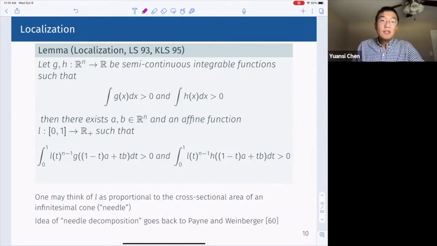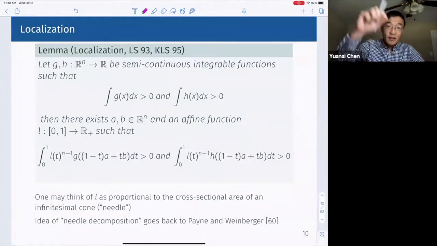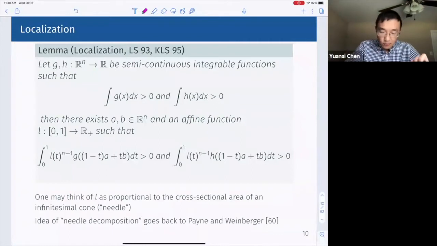It is trying to say that if you have two semi-continuous functions, semi-continuous is like close to continuous, but it can have some kind of jumps, that integrate to be positive, then you can find a one-dimensional integral where both integrals are going to be positive. That's what this lemma is trying to say.